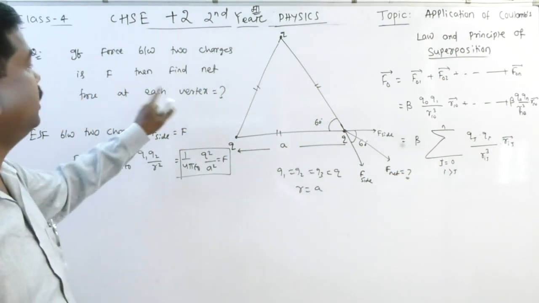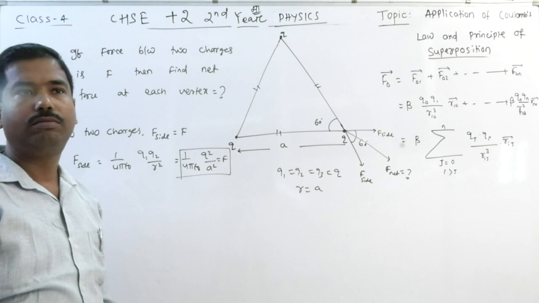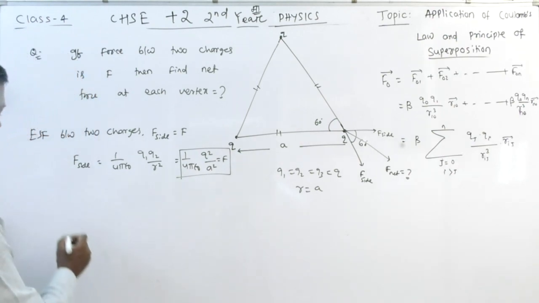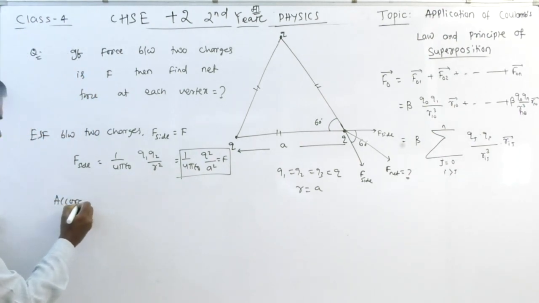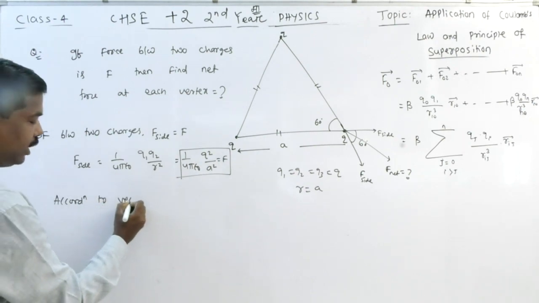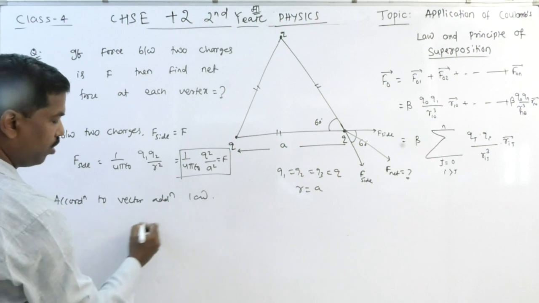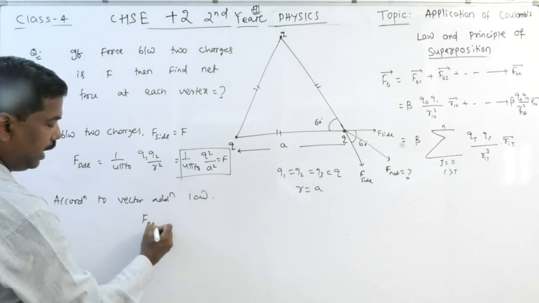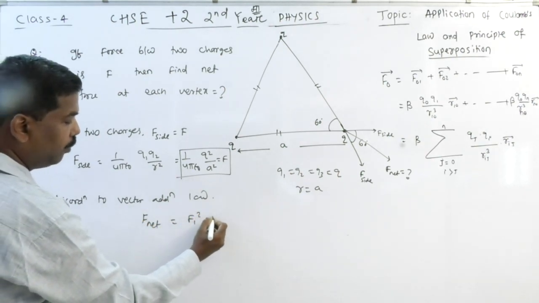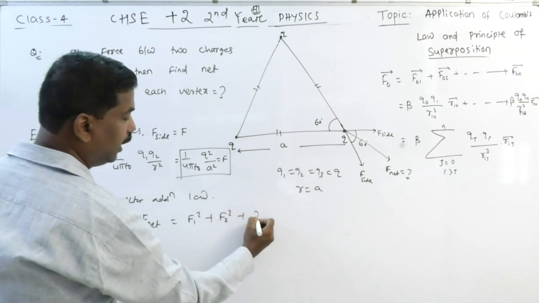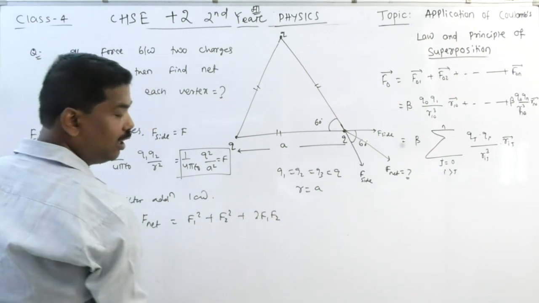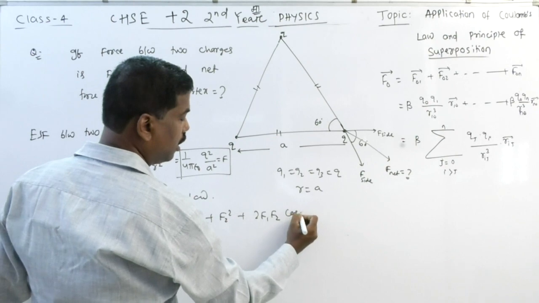This is the question you have put. Clear? Listen to me. According to the vector addition law, how much? F net is equal to the root of f1 squared plus f2 squared plus 2 f1 f2 cos theta.